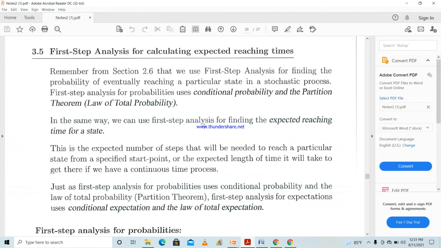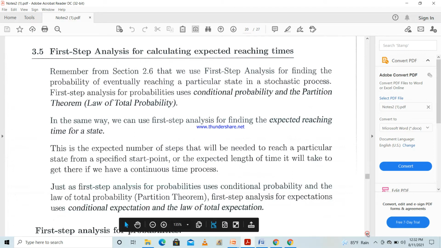In the previous sections we discussed how to find the probability of reaching a particular state in a given stochastic process. The same procedure we can apply in order to find the expected reaching time for a given state.